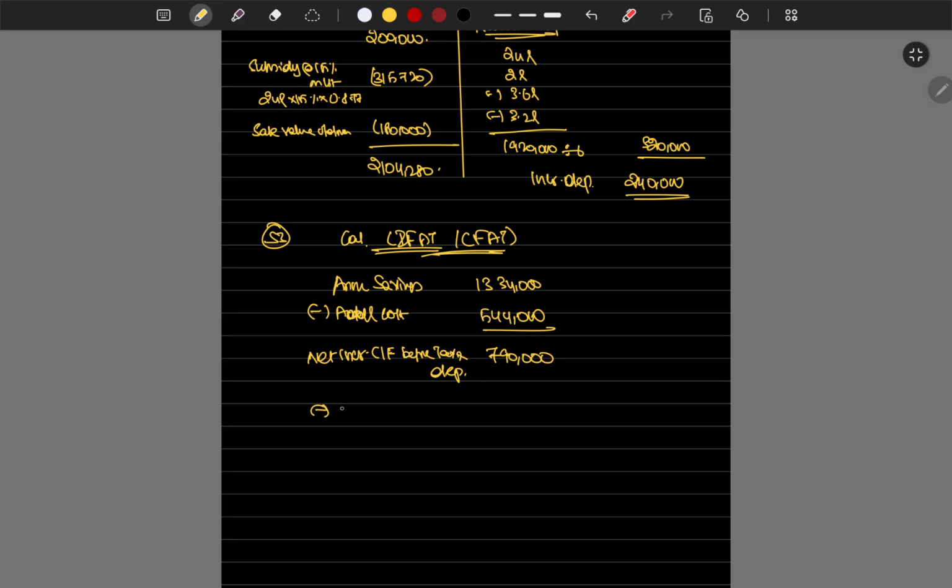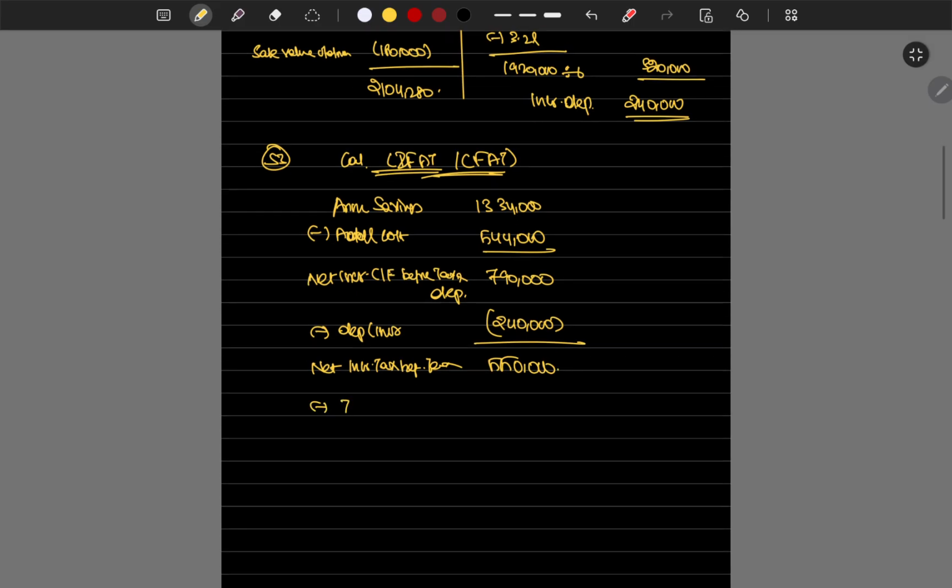Then we have to deduct the depreciation, which is incremental. We found 2,40,000, and then we'll get the net incremental cash flow before tax, which is 5,50,000.